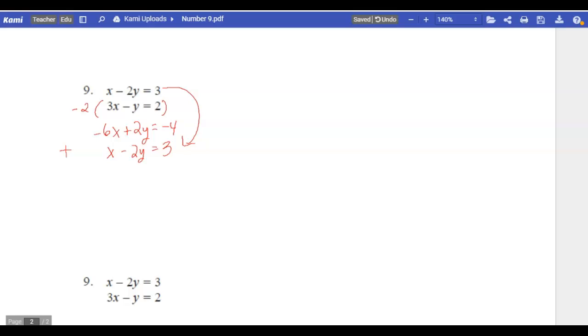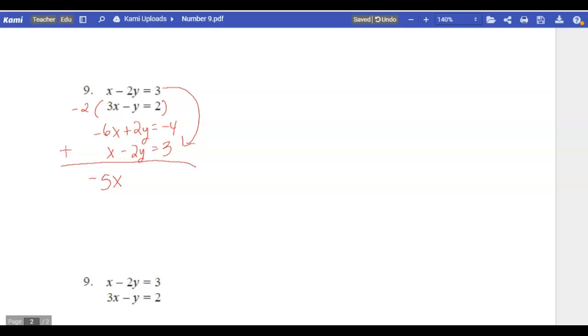And when I add them together, I now have negative 5x. Negative 5x. These y's cancel, right? So negative 6x plus x, negative 5x.